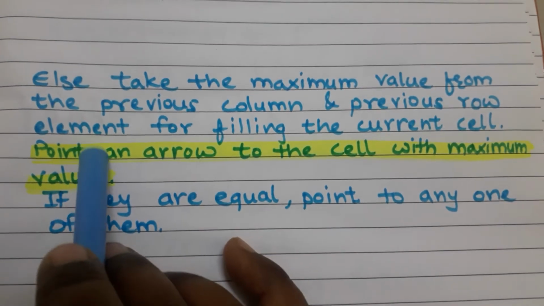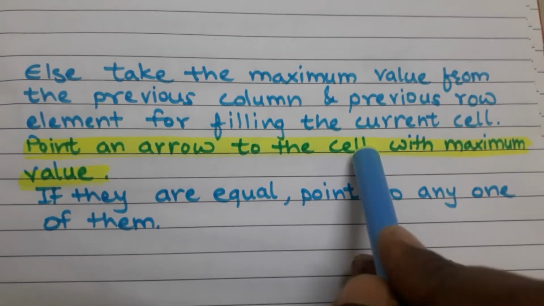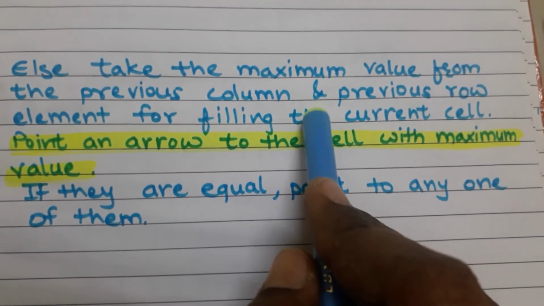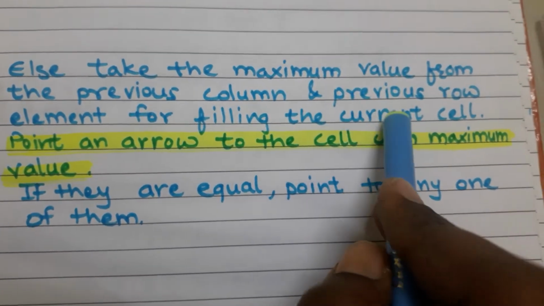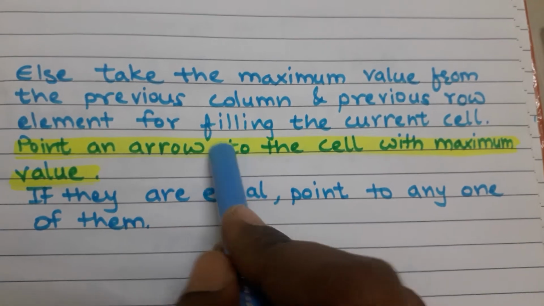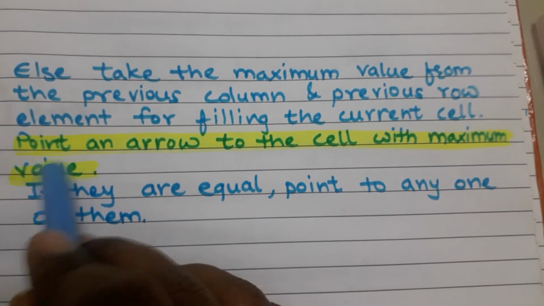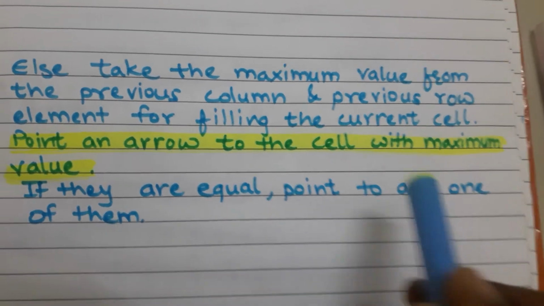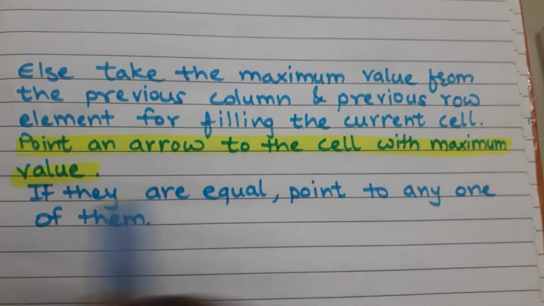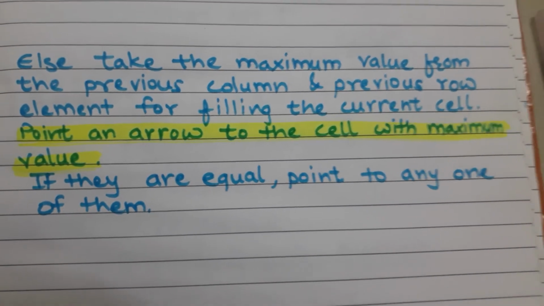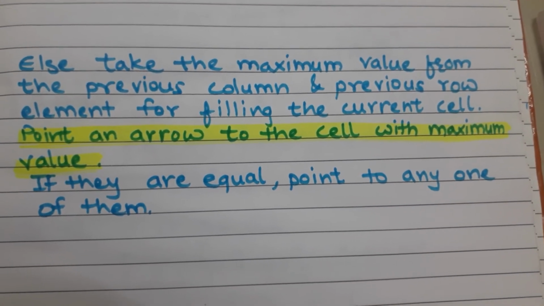And here we will point an arrow to the cell with the maximum value. After filling the current cell we have to point an arrow. If the values are equal, point to any one of them. Now we will use this logic to fill all the cells of the table.